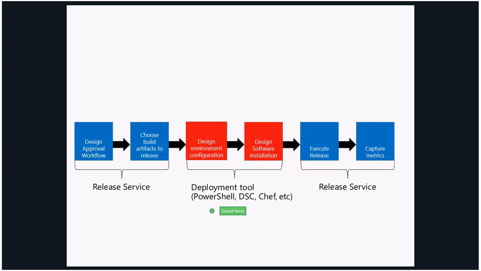And that can be basically any tool under the sun that you can imagine. And some examples are PowerShell scripts, desired state configuration scripts, or a third-party deployment tool like Chef or Puppet, or basically anything you can imagine, anything you can integrate with.